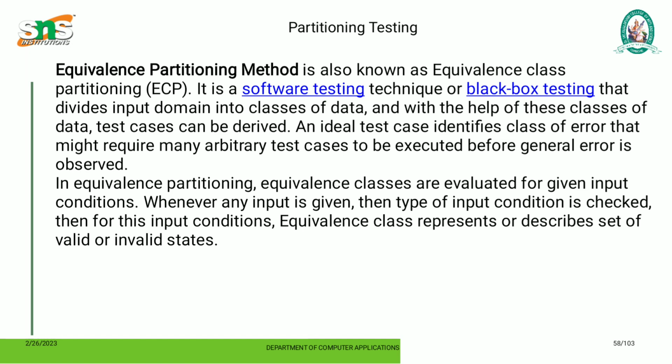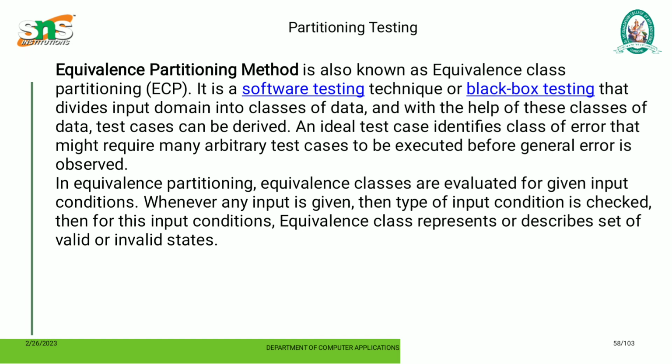Let's see the equivalence partition method. Here we use software testing techniques as well as black box testing that divides the input domain into classes of data, and with the help of these classes, test cases can be derived.